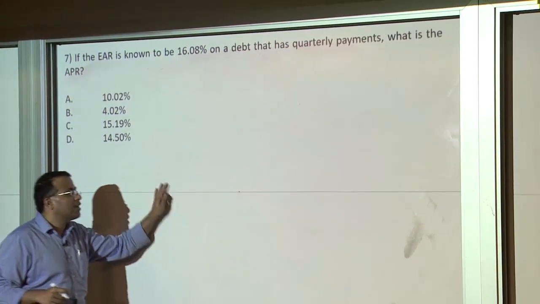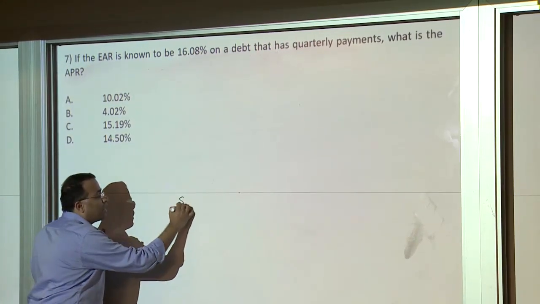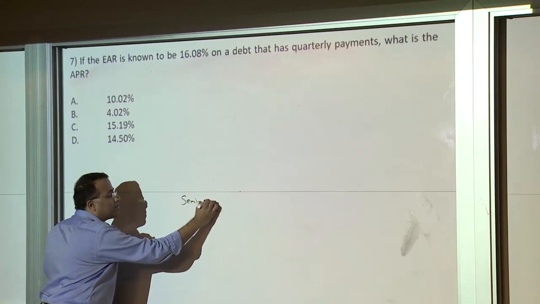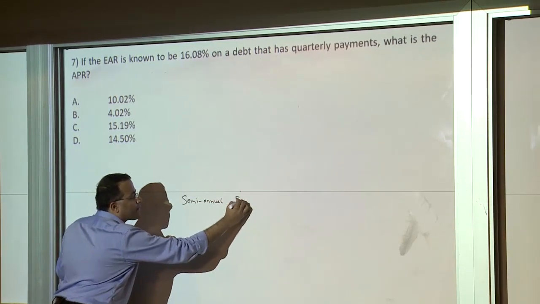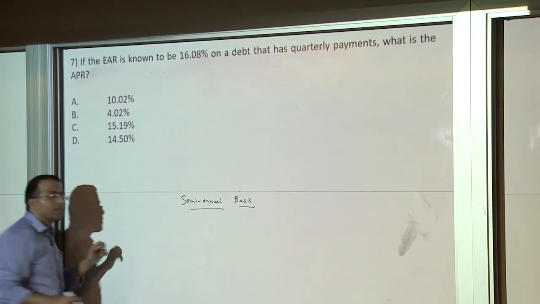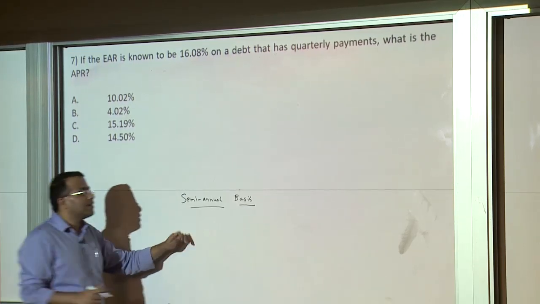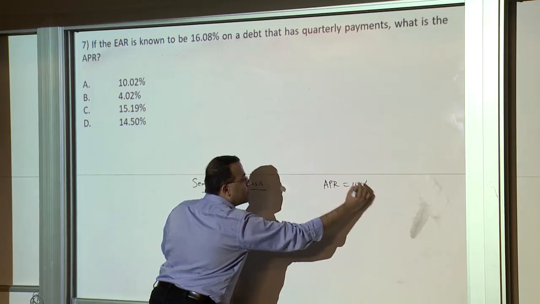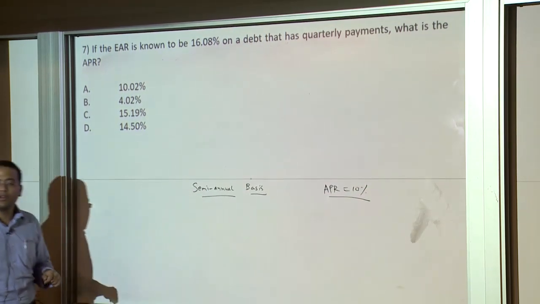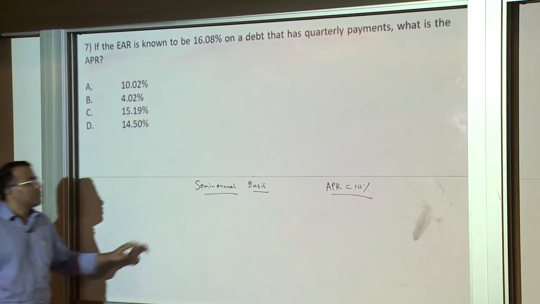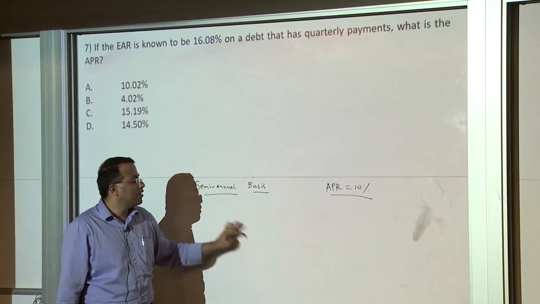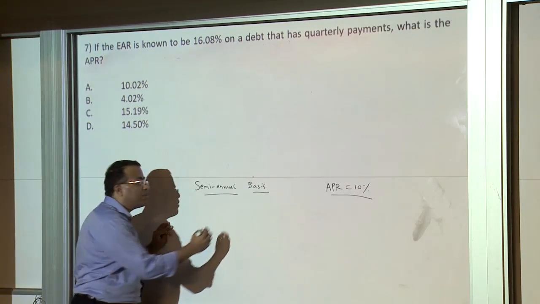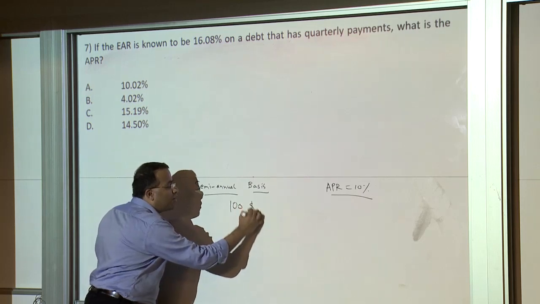Let me give you a small example. Let's say the compounding happens on a semi-annual basis, and the APR they give you is 10%. Let's say you put $100 in your bank account.